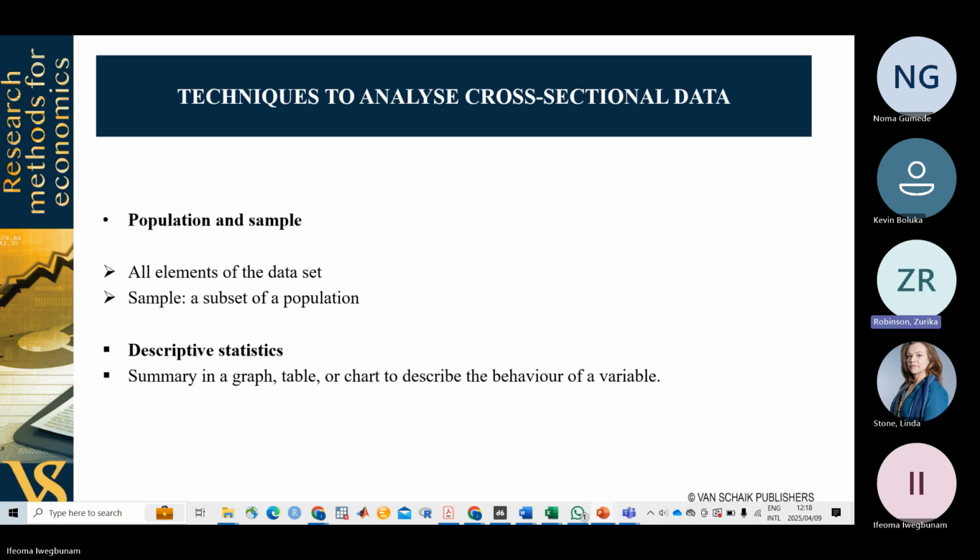I can just mention to the students that they are on my UNISA. If they go and look at the lessons, there are examples also that they can look at for cross-sectional data. I've put in a study that we've done a few years back, and it's precisely what you said. It's maybe more for 1 year if you want to look at a number of variables, maybe the pass rate of a certain subject.